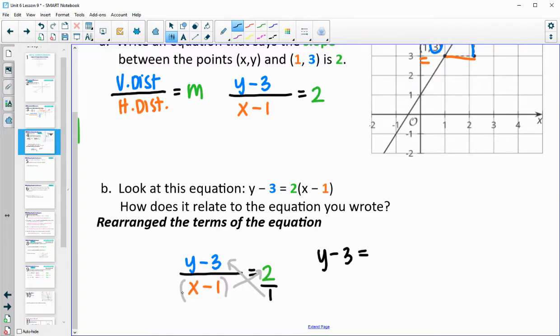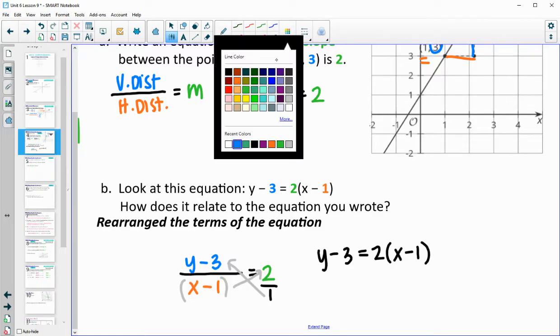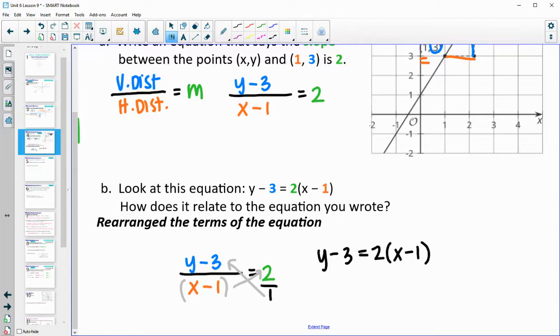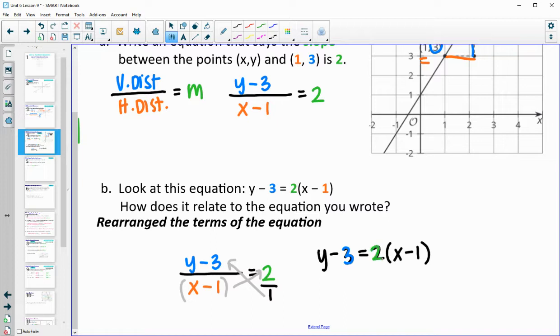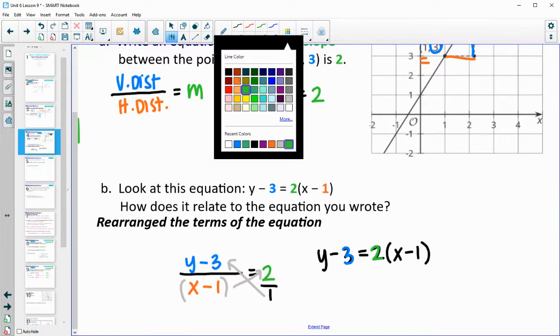Then we take this whole x minus 1 times 2. I'm going to write the 2 first, and then multiply that by the x minus 1, and I'll put that in parentheses. And then you can see that this is the same as this equation. So we have y minus 3 equals 2 times x minus 1.